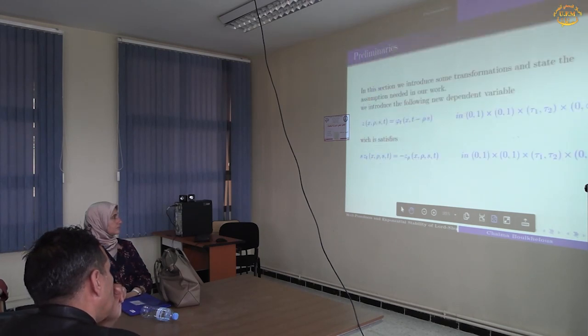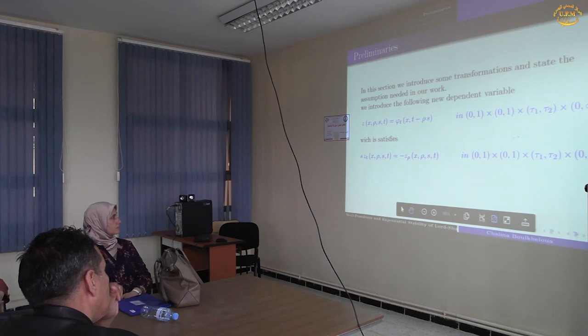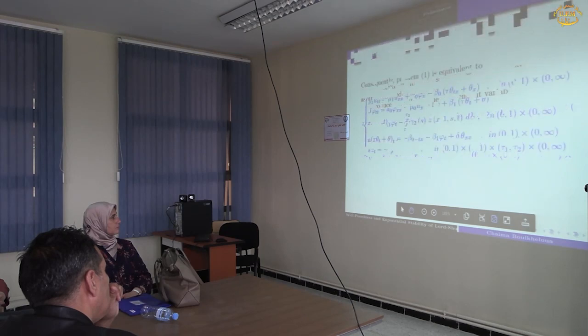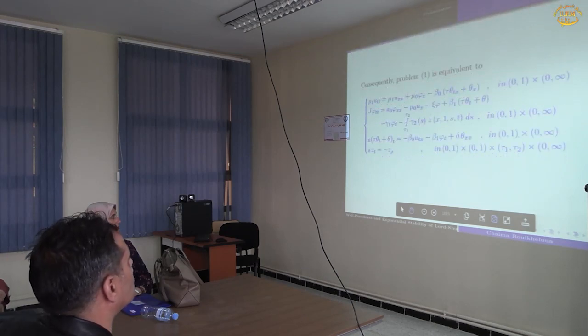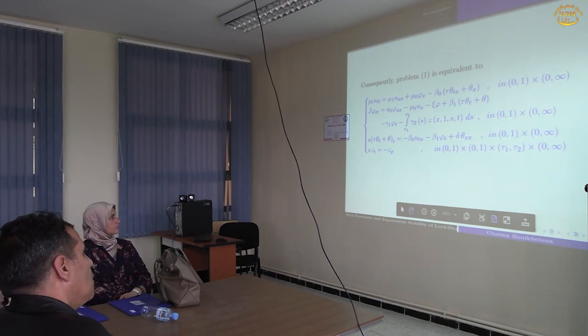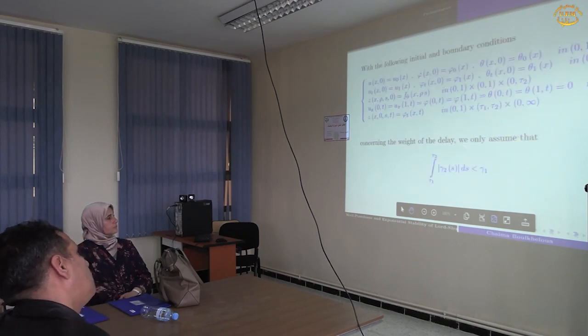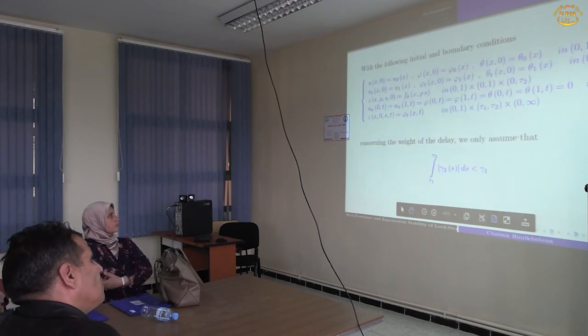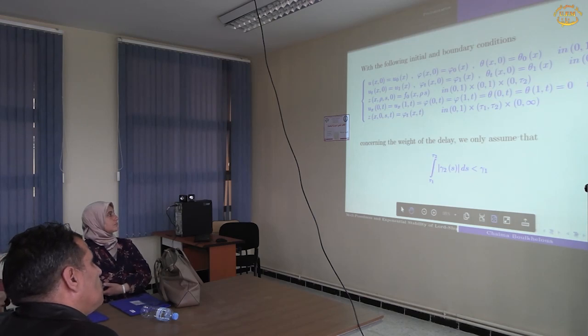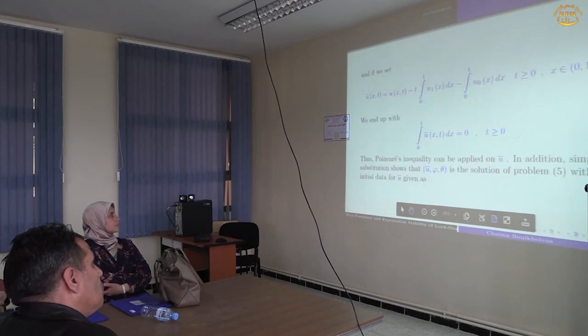In this section, we introduce some transformations and state the assumptions needed in our work. We introduce the following new dependent variable represented by (3), which satisfies (4). Consequently, problem (1) is equivalent to (5) with the following initial and boundary conditions. On the weight of the delay, we assume that (7) holds.